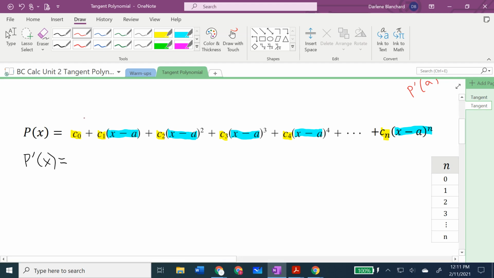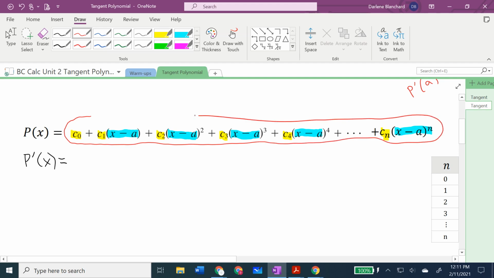I'm going to tell you that I see this as a conveyor belt. And the conveyor belt is moving this way. And when I take the derivative, that constant term falls off the conveyor belt.